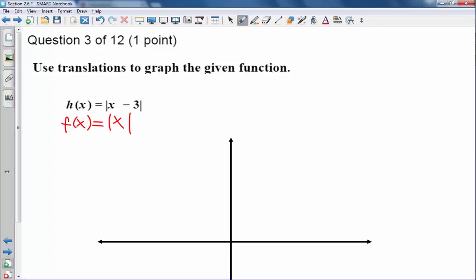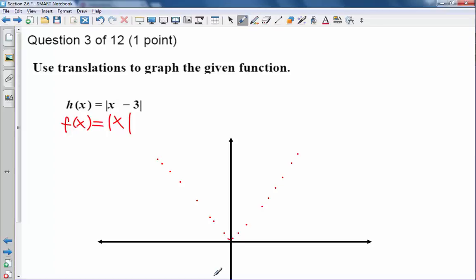This looks very similar to this, so start with absolute x. And tell me what happens to this picture, quickly, when you have minus 3 incorporated into x. It shifts to the right. Are you sure? Is it negative, to the left side?